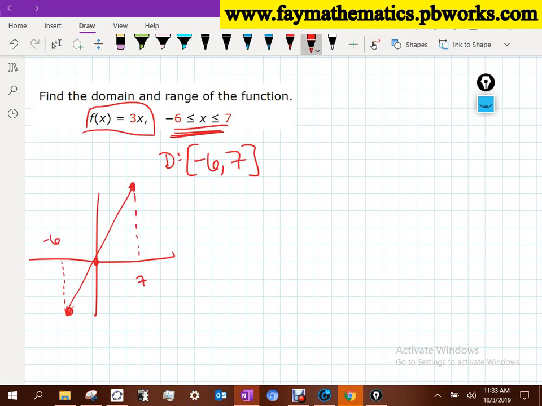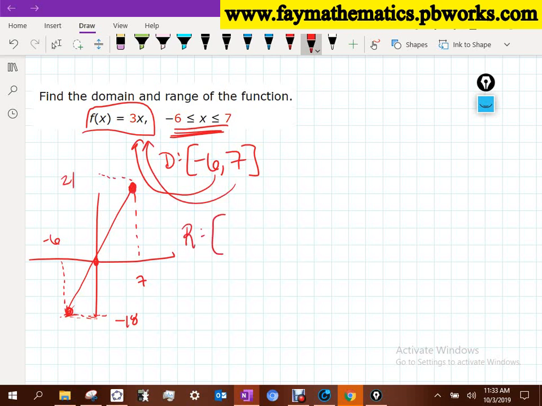If I have -6 as this x value, how do I find the y value that goes with it? I plug it in. So that y value would be -18. If x is 7, how do I find the y value? Plug it in, and I get 21.